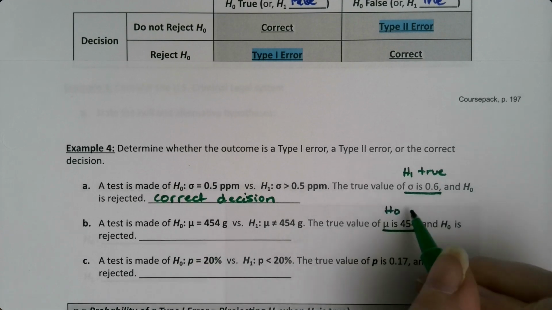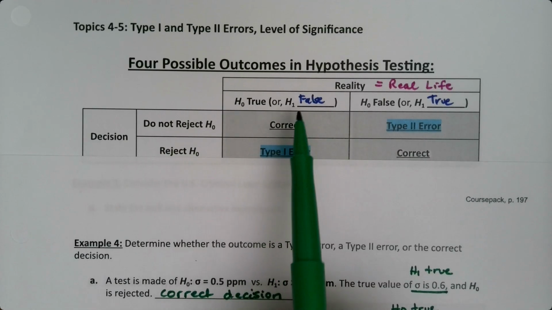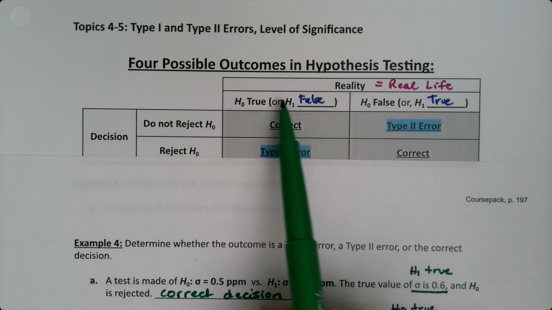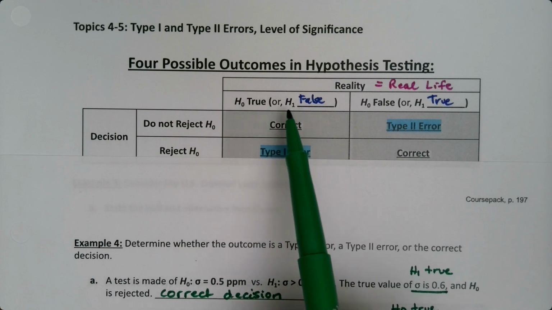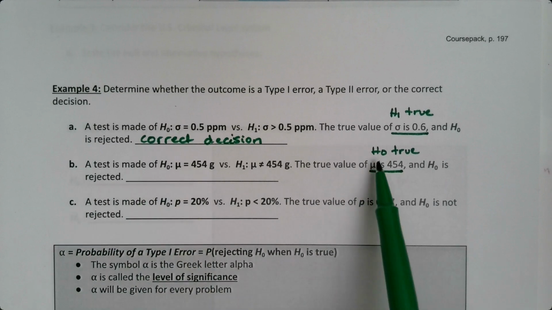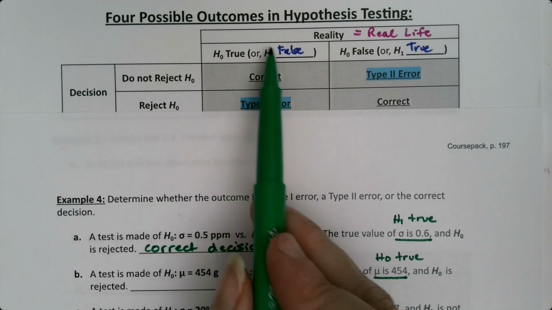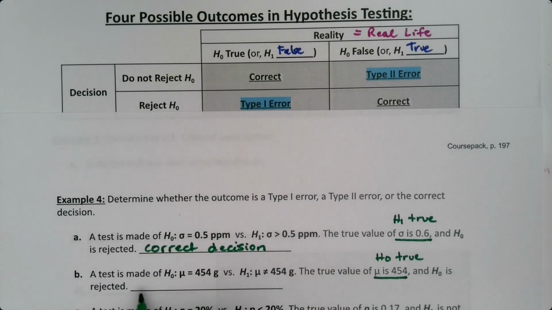So that means H0 is true. Okay, so if H0 is true, that means we're on the left side. H0 is true here in reality. And then we have to look and see the decision that was made. If we rejected H0, but it was true, that is a type 1 error. That's right here. H0 was true, but we rejected it. So type 1 error.